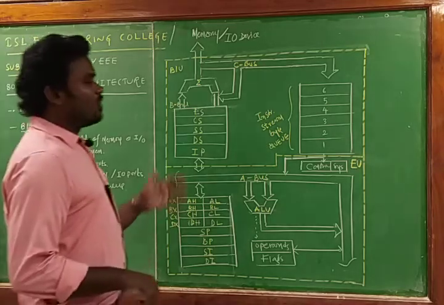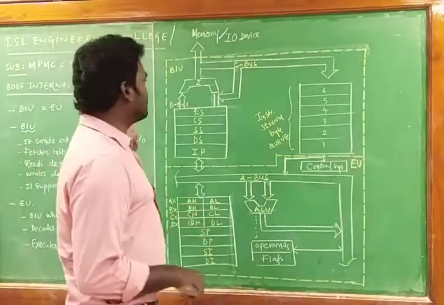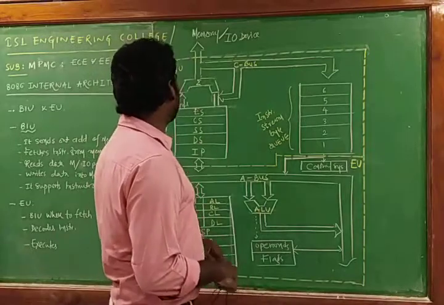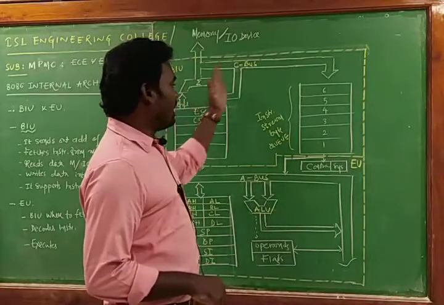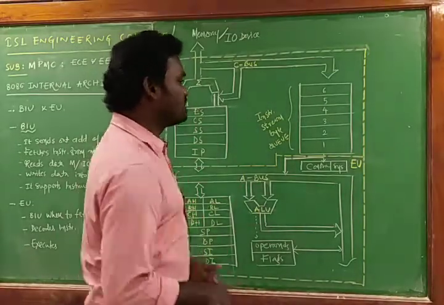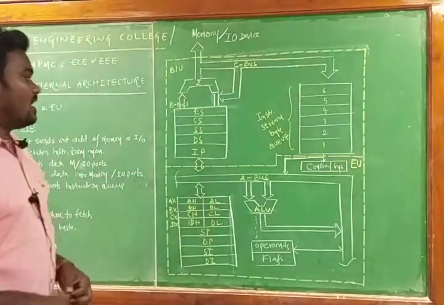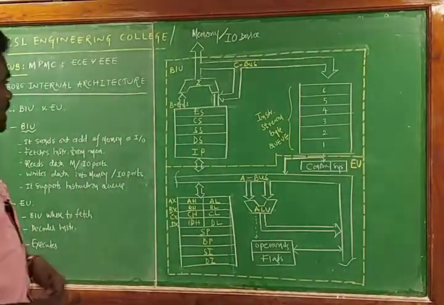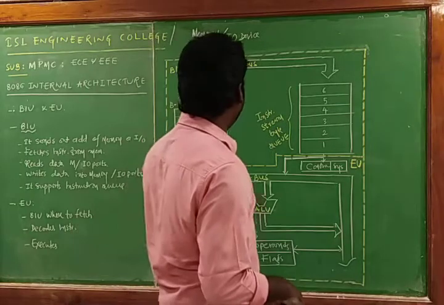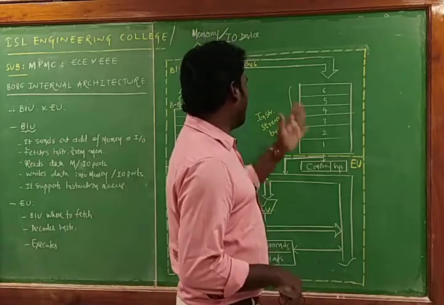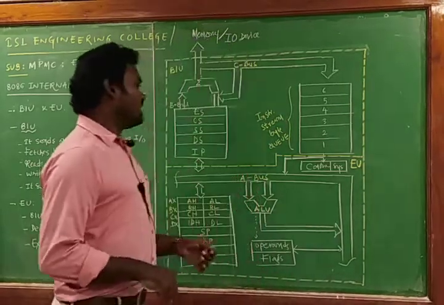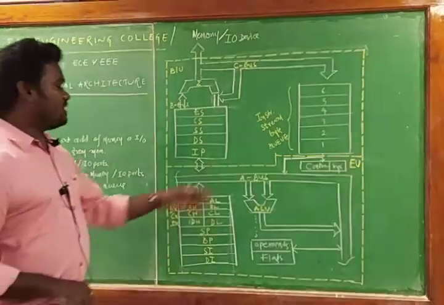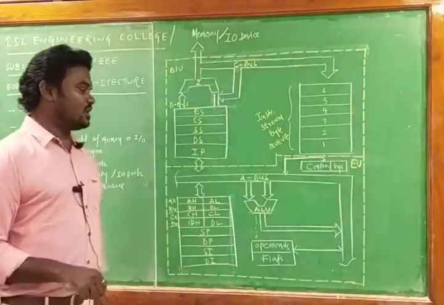That means whatever instructions are fetched by the bus interfacing unit will be held in the queue. 6 instruction bytes will be fetched from the memory and held in the instruction stream byte queue. It will be taken again by the execution unit.